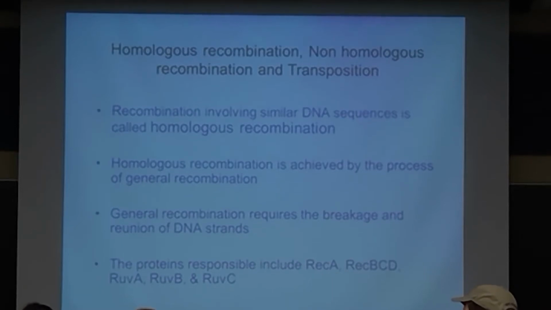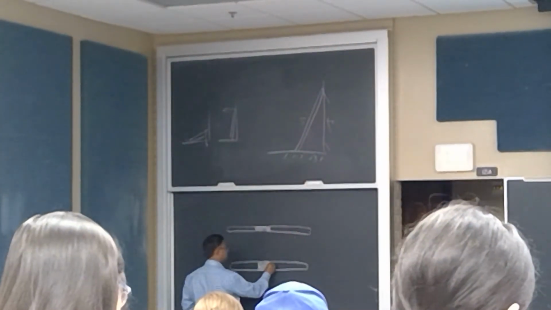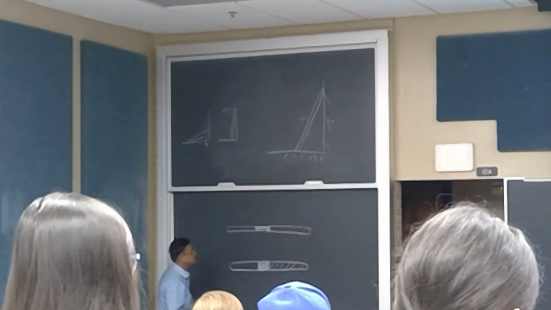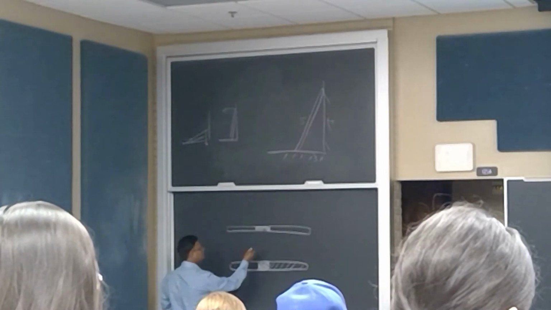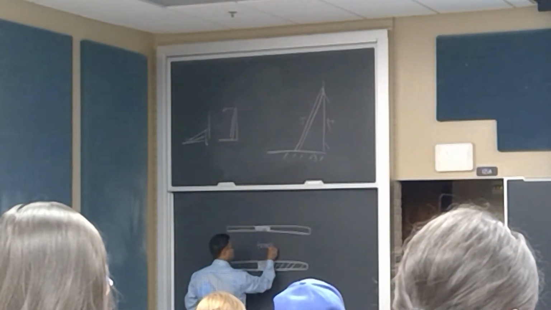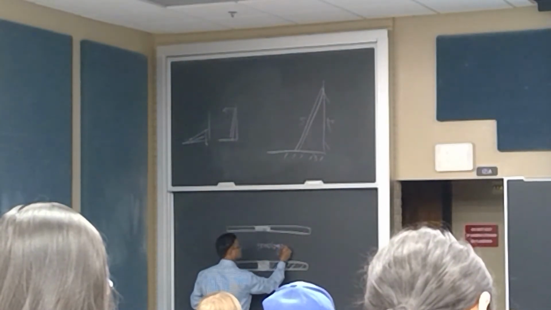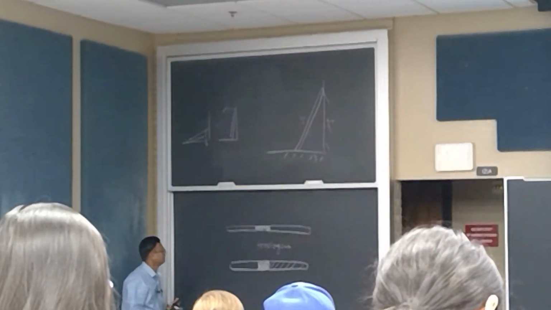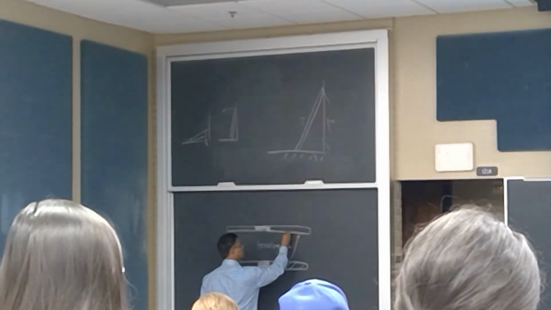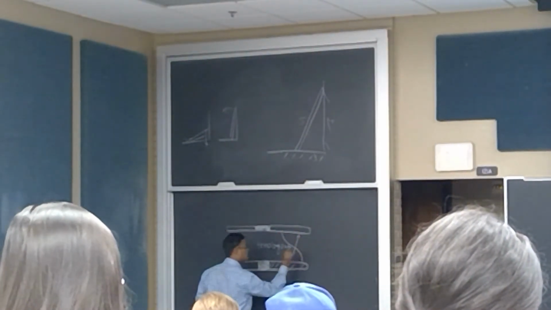These two DNA can go to recombination. So this part, let's say, okay. By recognizing this homologous region, this part can go there and this part can go there.